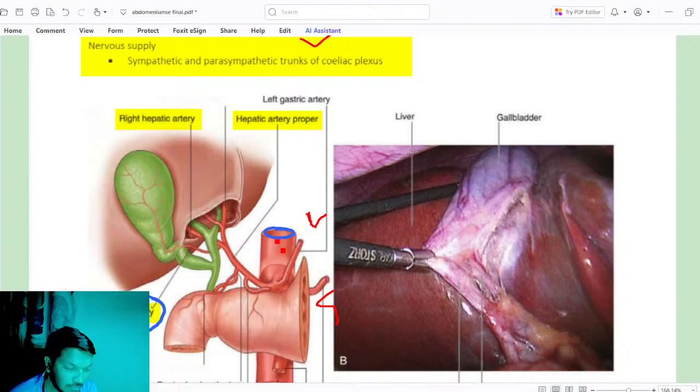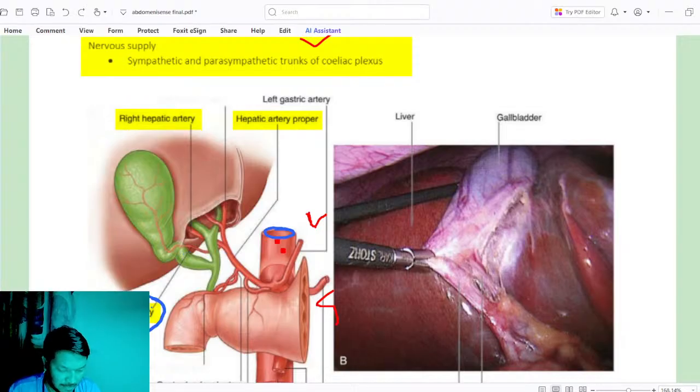Mostly cystic artery comes from the right hepatic artery. See here, it is coming from right hepatic artery. Sometimes it can even come from the hepatic artery proper, before dividing into right and left, there may be a branch which supplies the gallbladder.